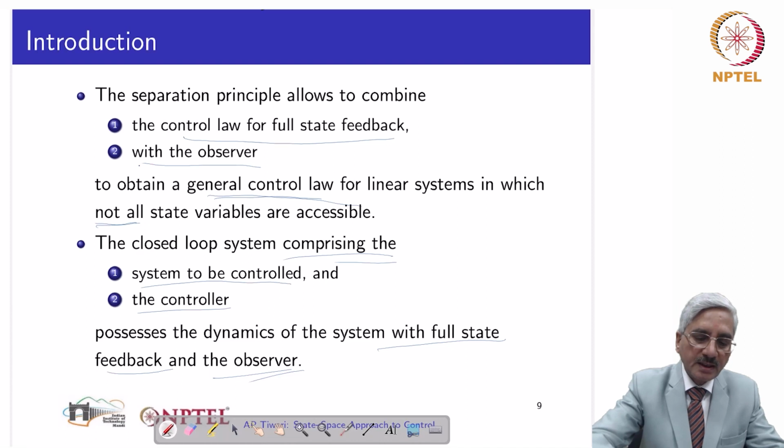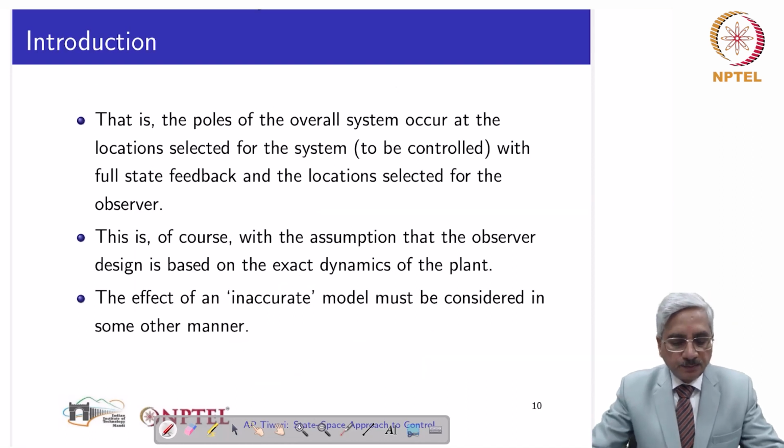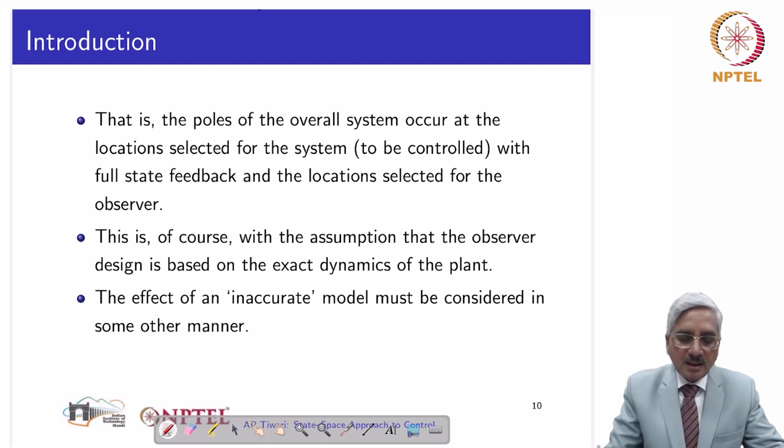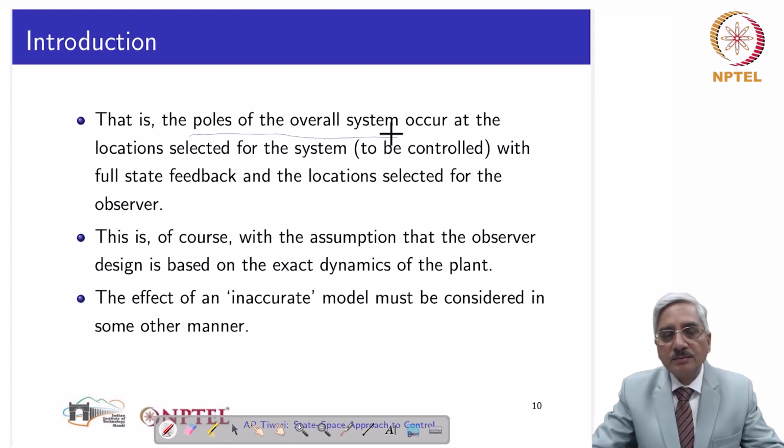We proceed ahead. The meaning of that statement is that the poles of the overall system, I mean the system comprising the actual system in which the feedback is implemented of the states of the observer, give the overall system.